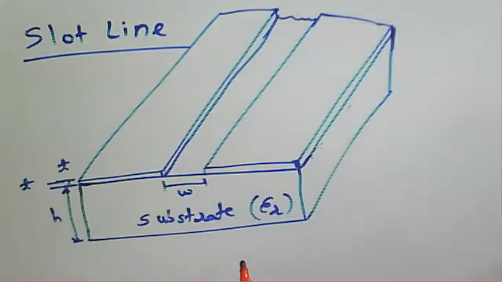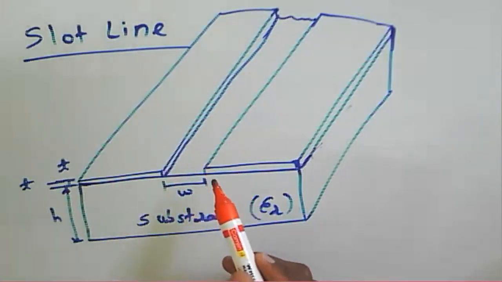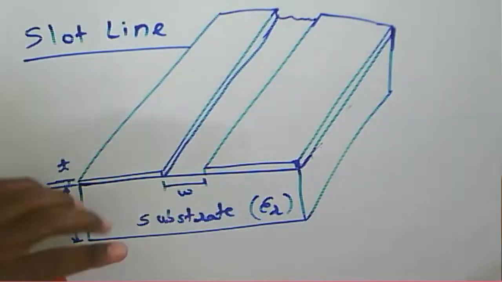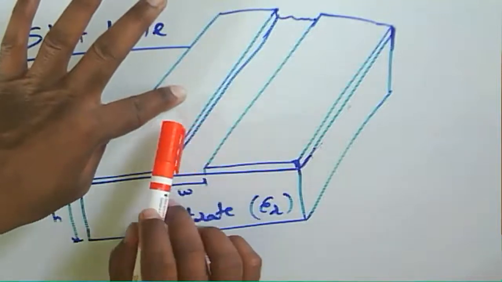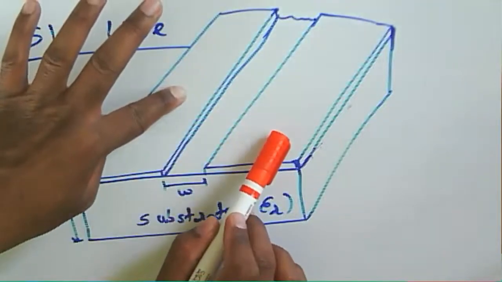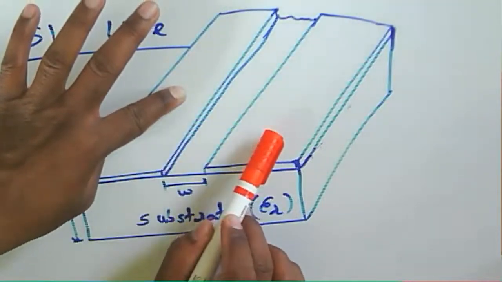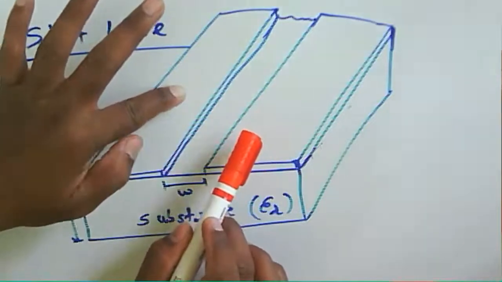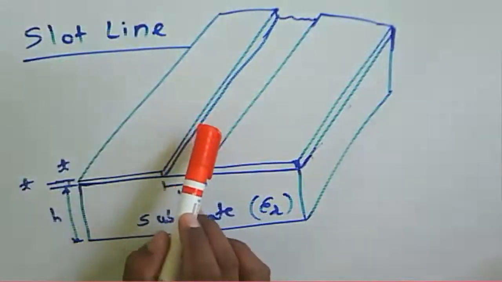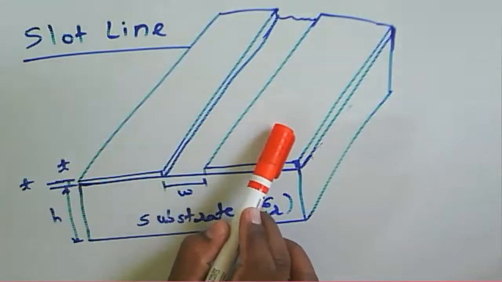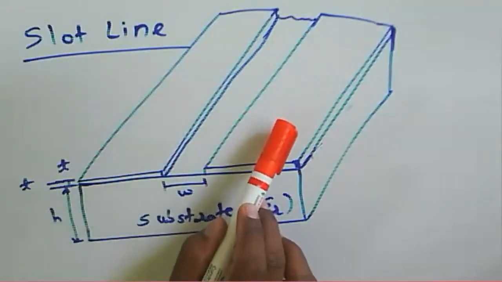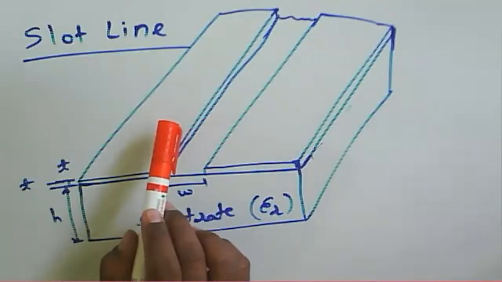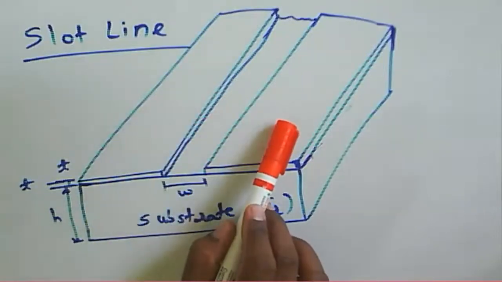But for the magnetic field, it is difficult because these are two different conducting wires, so the magnetic lines will be different. For the electric field it is easy: one is considered positive and another negative. We can say this one is active and this one is ground.